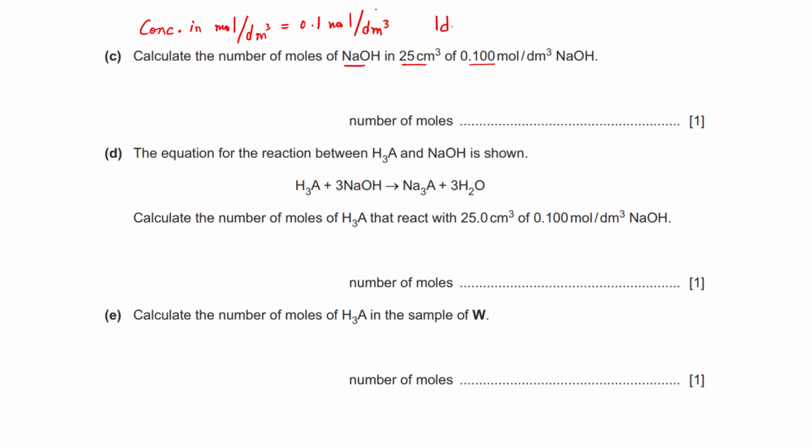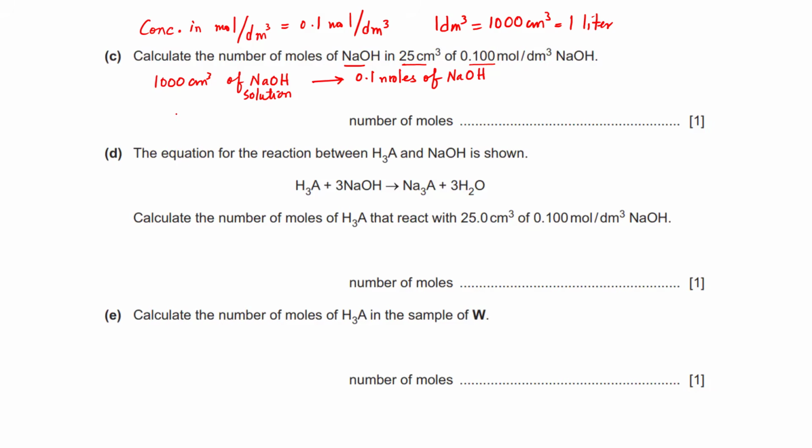Remember, 1 decimeter cube is equal to 1000 centimeter cube, or is equal to 1 liter as well. So here we can say that in 1000 centimeter cube of sodium hydroxide solution, there are 0.1 moles of NaOH.